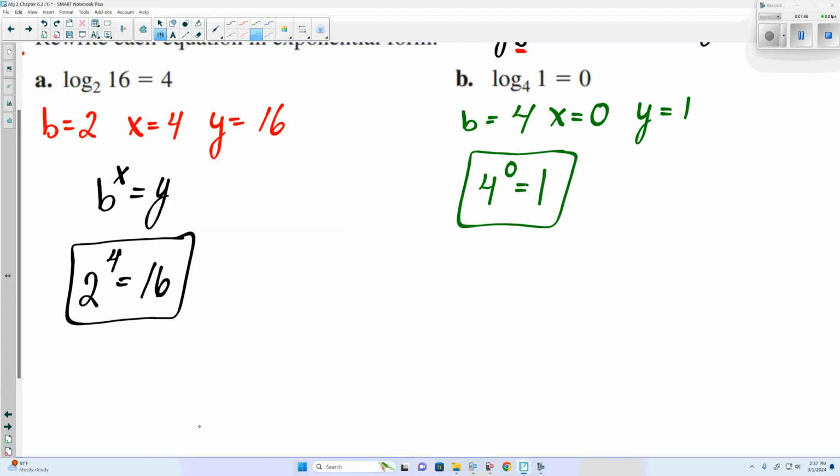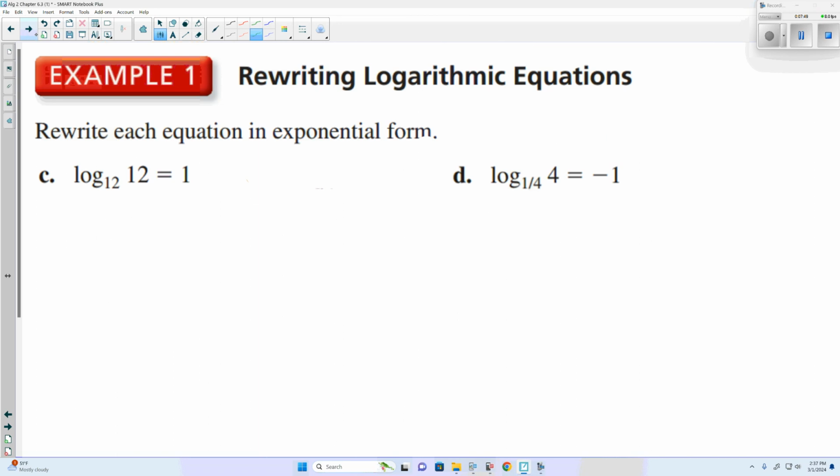Are you ready for the next one? Log base 12 of 12 equals 1. So we could do b, x, and y. But if we rewrote this as an exponential, what would we start with?